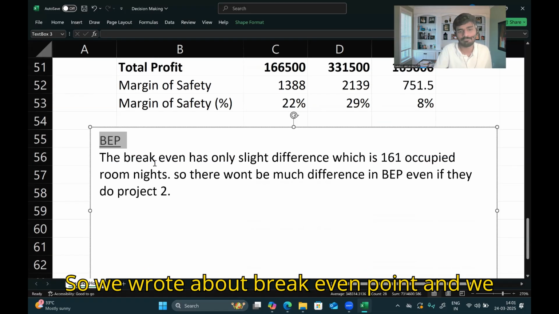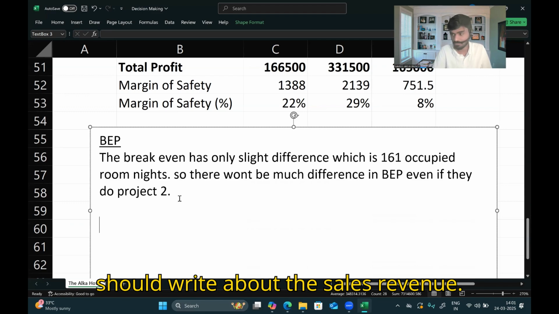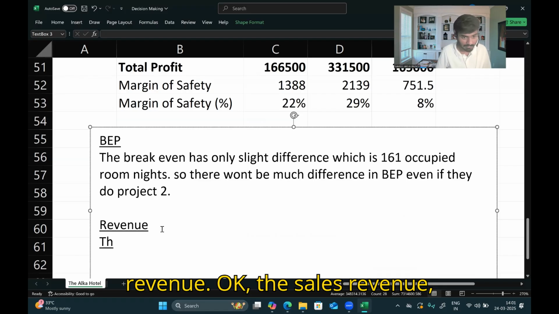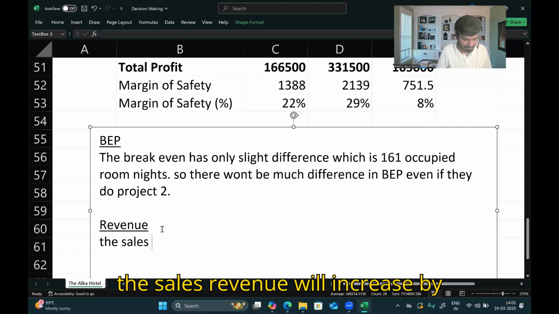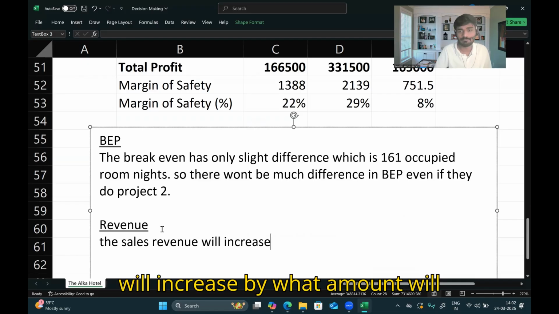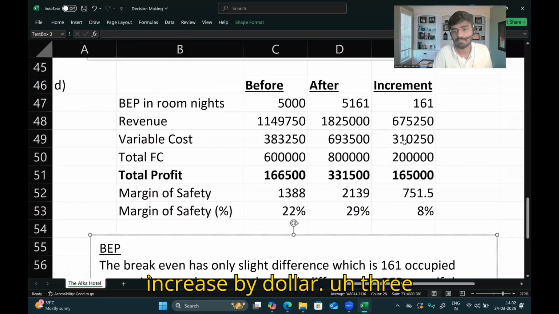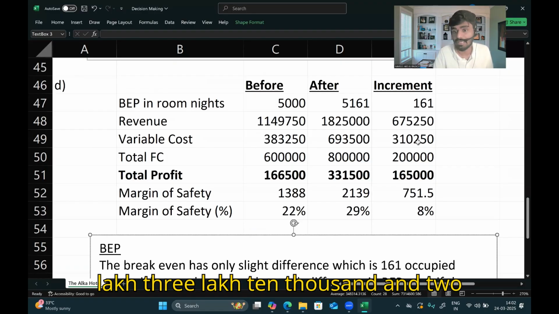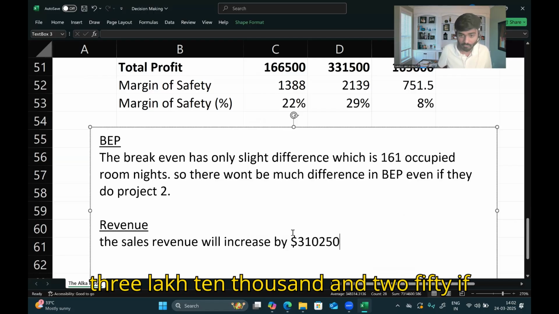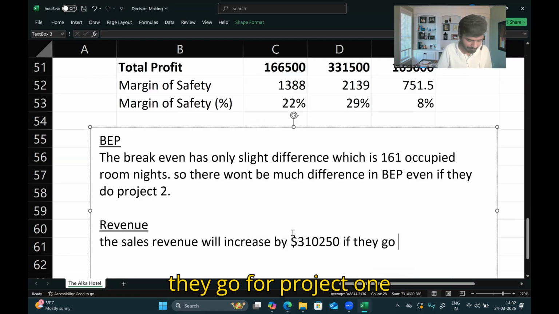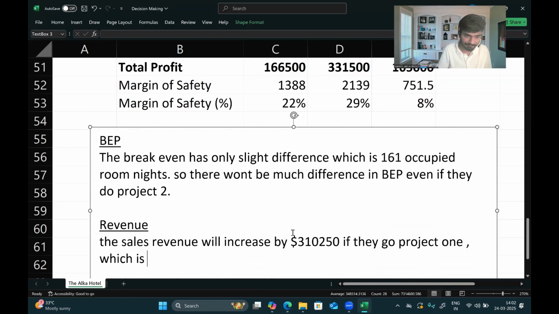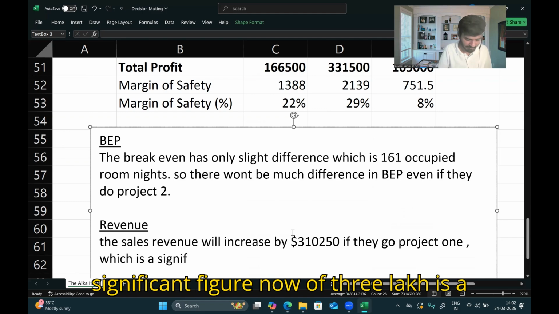So we wrote about break-even point, and we should write about the sales revenue. The sales revenue will increase by 3,10,250 if they go for project 2, which is a significant figure of 3 lakh.